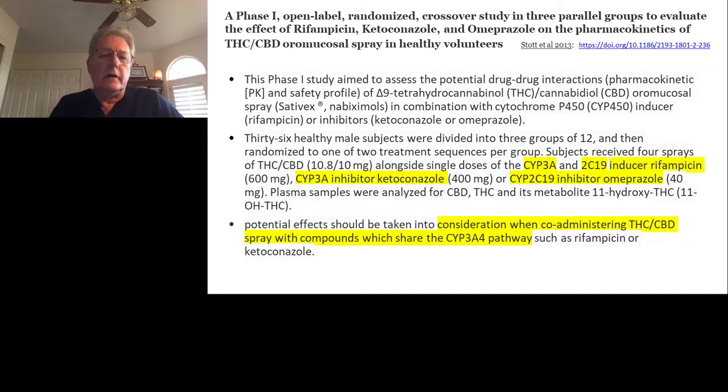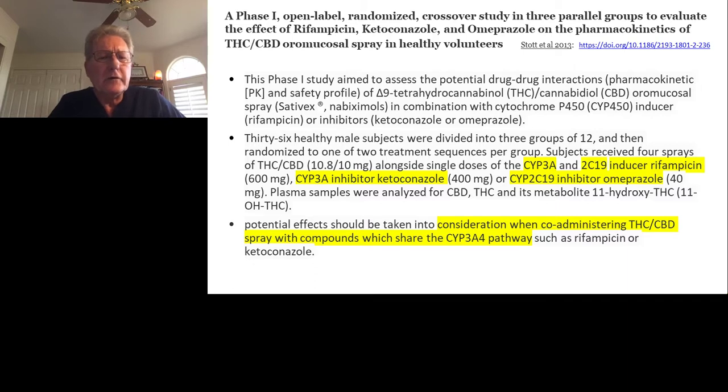The 3A4 and the 2C19 are main areas, and looking at rifampin, an inducer, ketoconazole, an inhibitor of 3A4, and omeprazole, a PPI, that is an inhibitor of the 2C19 pathway.